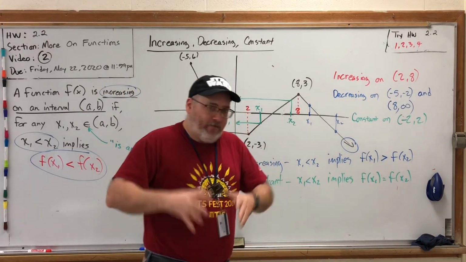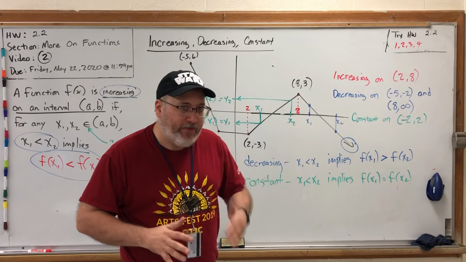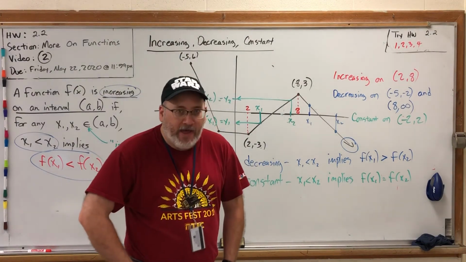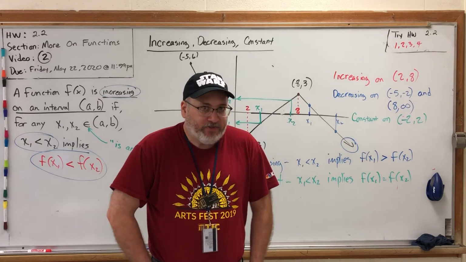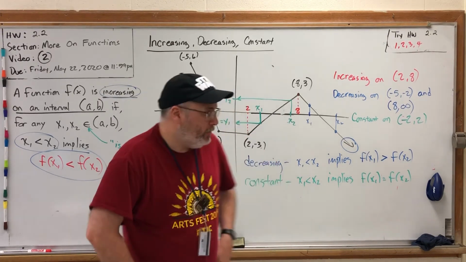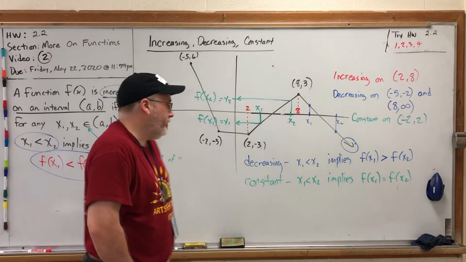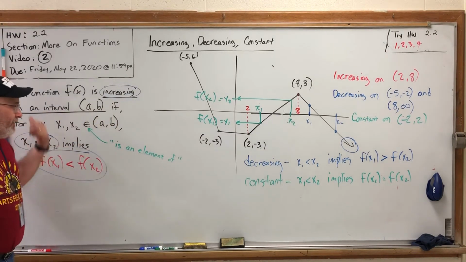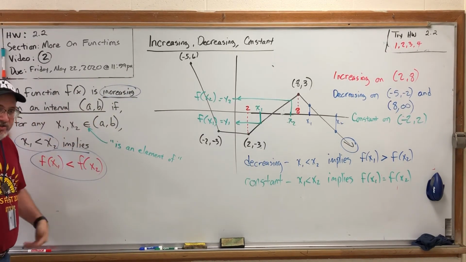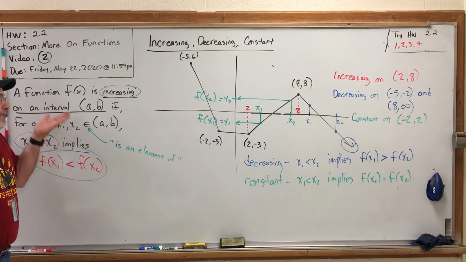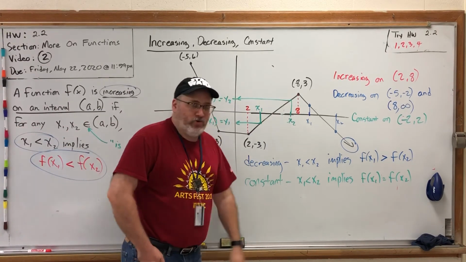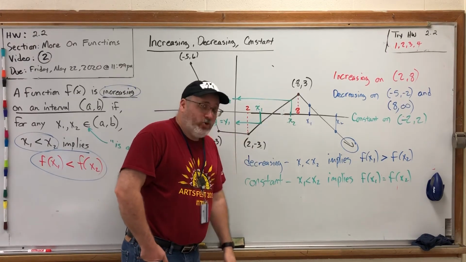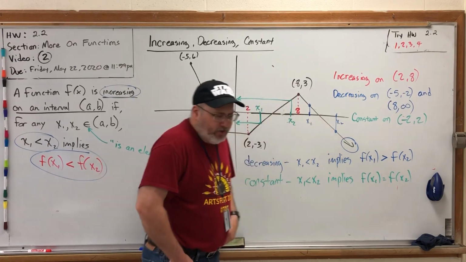So every one of you, regardless of where your math path ends, is currently on a path that is heading towards calculus and beyond. As a consequence, I owe it to those students who are going to calculus and beyond to get into some of the more analytical and nitpicky definitions, such as what it means for a function to be increasing. Visually, the idea is pretty straightforward. Graph going up, it's increasing. Graph going down, it's decreasing.